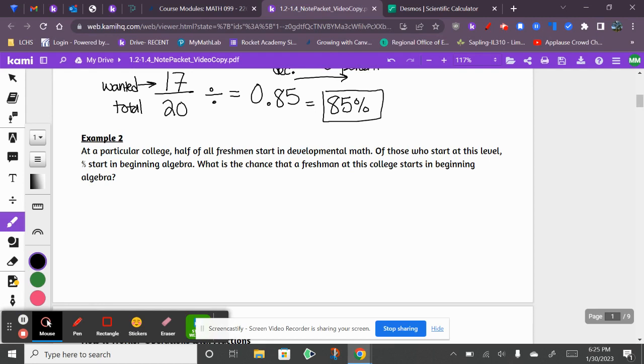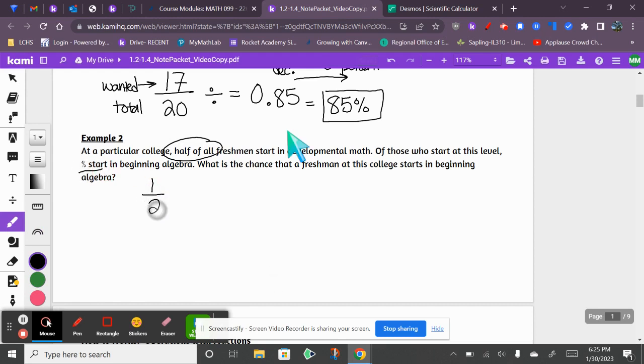For example 2, it says at a particular college, half of all freshmen start in developmental math. Of those who start at this level, 4/5 start in beginning algebra. What is the chance a freshman at this college starts with beginning algebra? So for this one, we want half of all freshmen, and of those, we want 4/5.